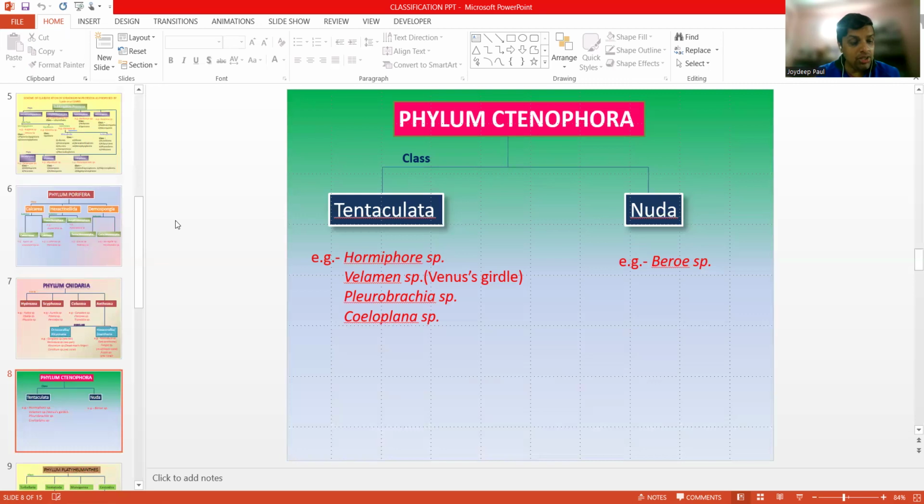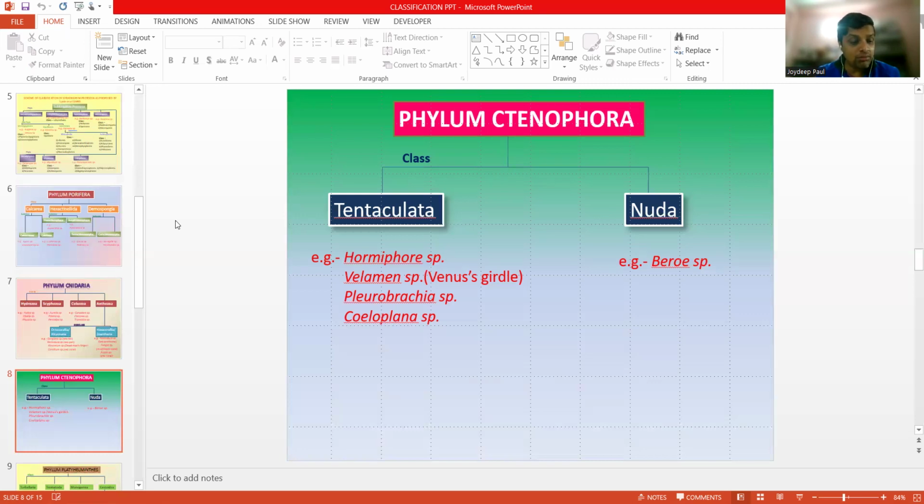Symmetry: they have a biradially symmetrical body along with an oral and aboral axis. Body surface: they have an external surface with eight comb-like ciliary plates for locomotion, most definitely swimming, hence the name comb jellies. Tentacles: they have a pair of long, solid, retractile tentacles.